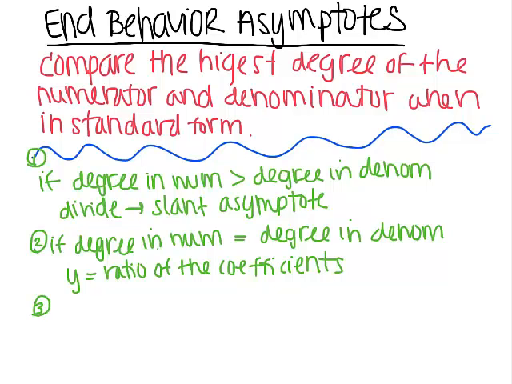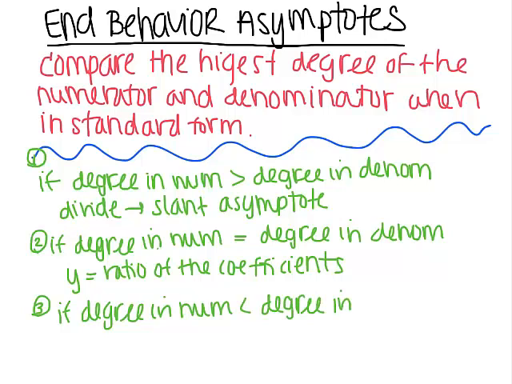Rule number three, if the degree in the numerator is less than the degree in the denominator, the end behavior asymptote is y equals 0. Okay, so make sure you have those rules written down before you watch the examples.